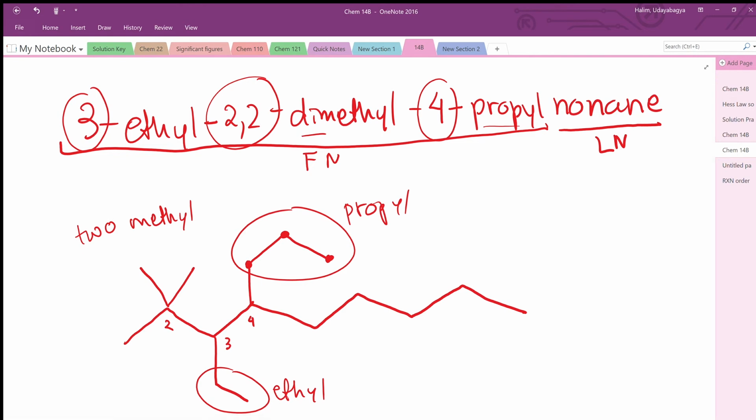So the 2,2 tells you that both are in position number 2. You can have, for example, 2,4-dimethyl, then it would be in position 2 and 4. You just want to double check that there are 2 methyl groups and they're both in position number 2. It's just a clarification.